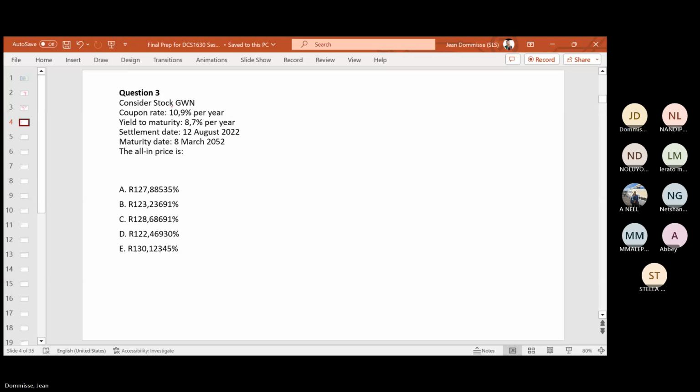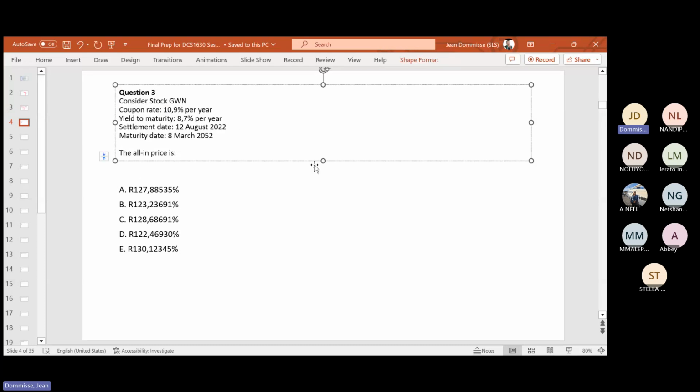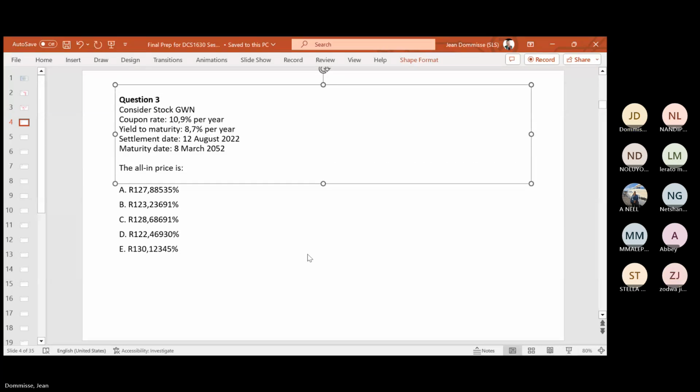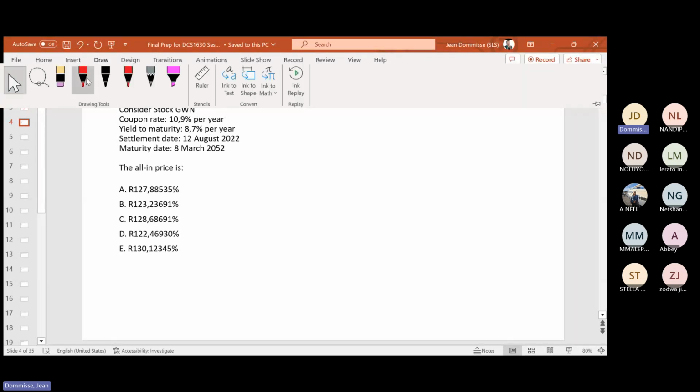So consider the stock. We've got a coupon rate, yield to maturity, settlement date, maturity date, and we want to work out the all-in price. Okay, so let's just make this a bit bigger. So we want to work out the all-in price.